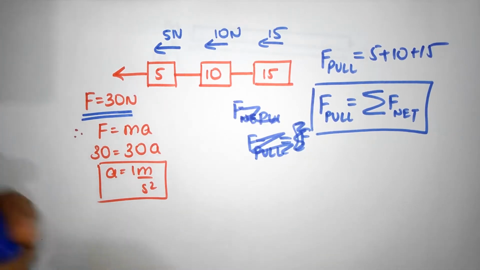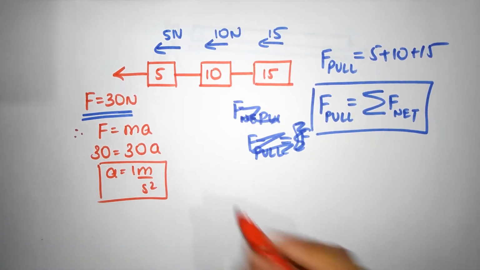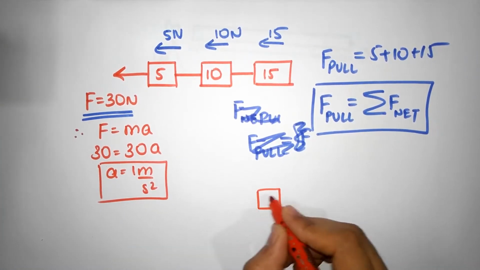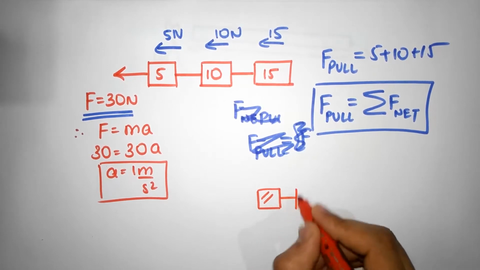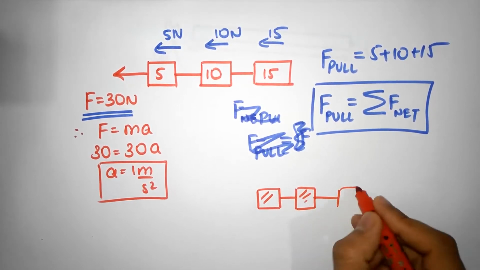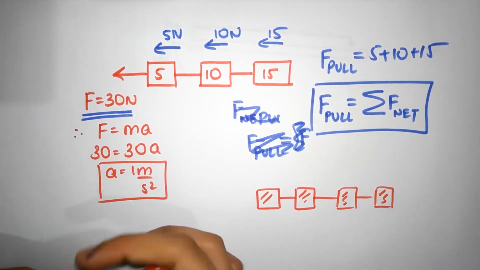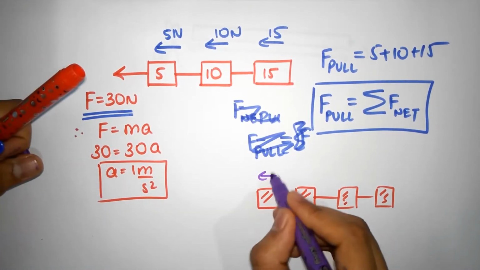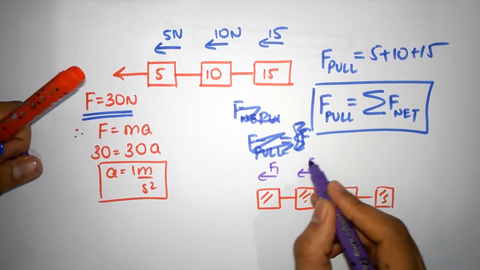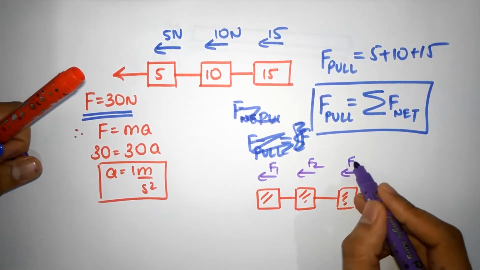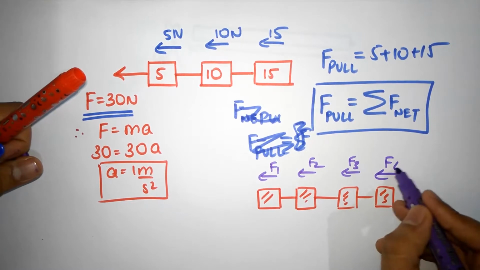So in general, we could say that if you had blocks attached this way, so you have a particle here, and a particle here, and a particle here, and a particle here, and so on and so forth, and each one is getting a net force, let's say F1, F2, F3, and F4.